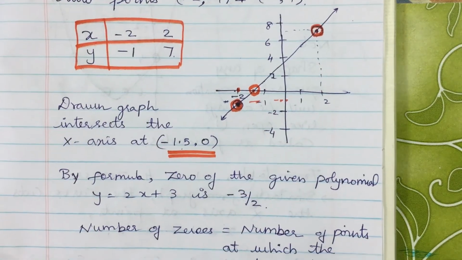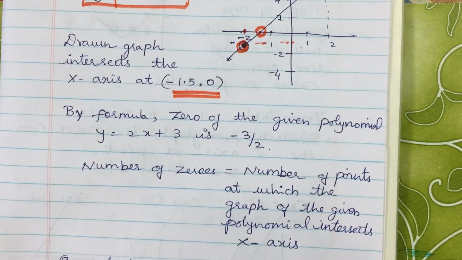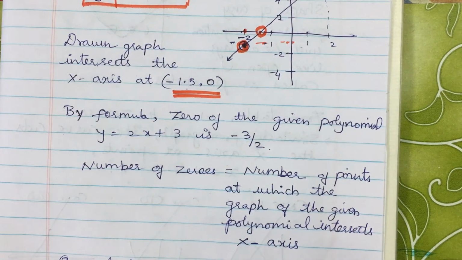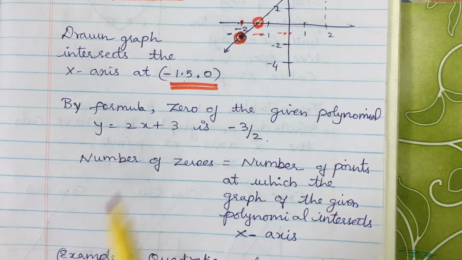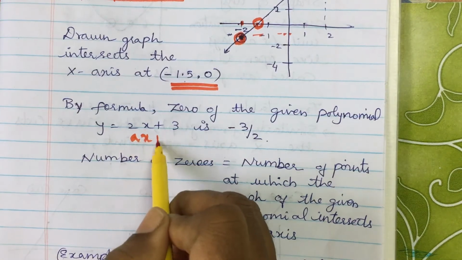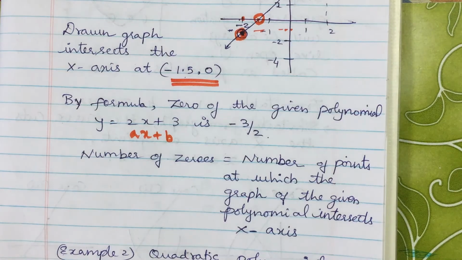Also, in the previous section, we had a formula for finding out the zero of the given linear polynomial. What is the formula for that? Considering this as ax and this as b, the formula for finding out the zero is minus b by a, right? Where b is the constant term and a is the coefficient of x.